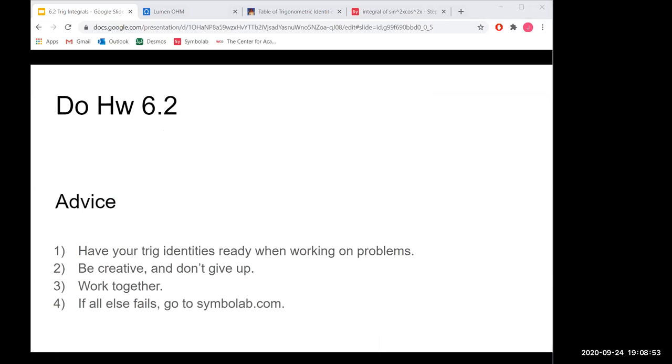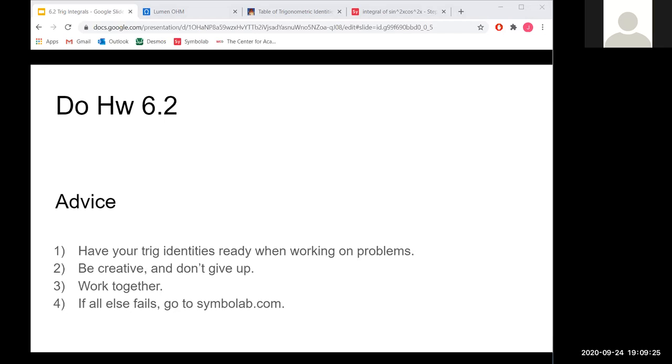Will the test be open the whole day or during class? It'll be during class. I have a question.